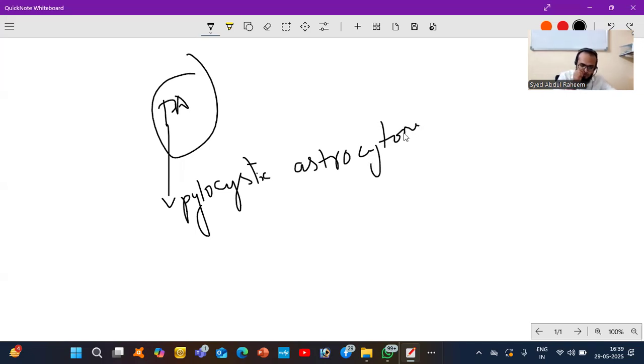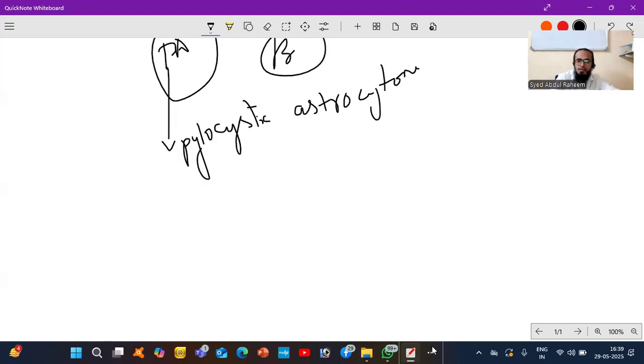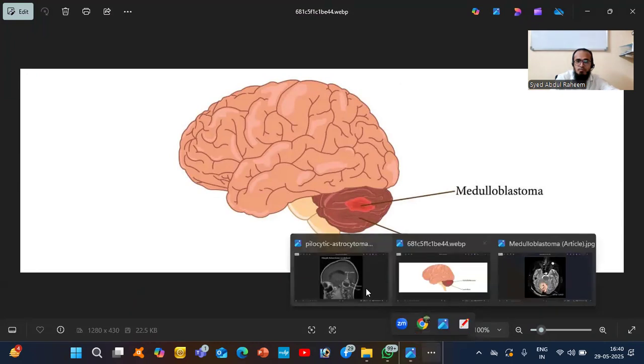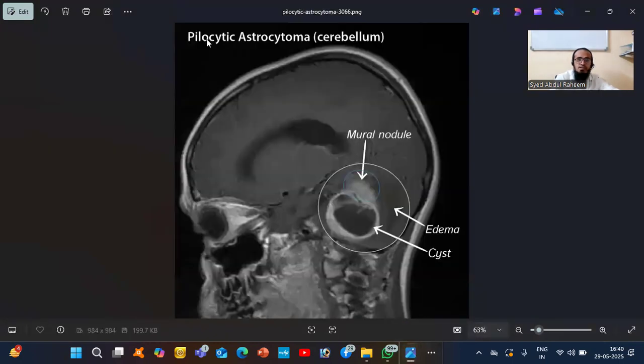This is most common. It is present in the cerebellum. So this is the benign, not cancerous. Cancerous, we will see after that. You can see this pilocytic astrocytoma, cystic astrocytoma, in the cerebellum.